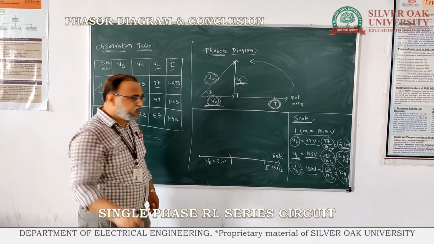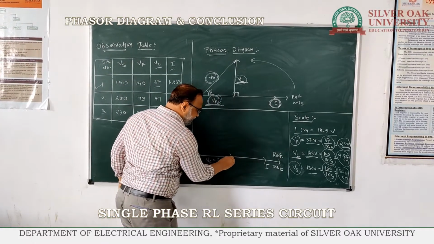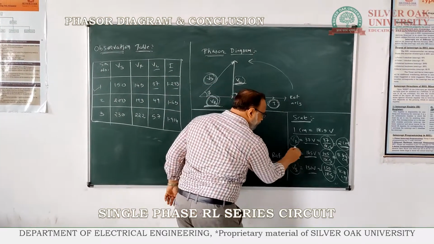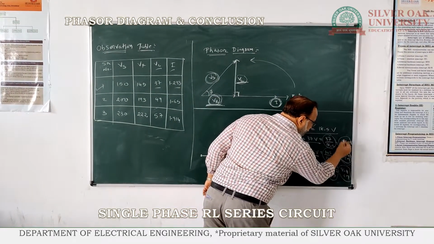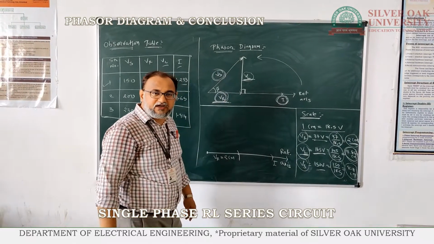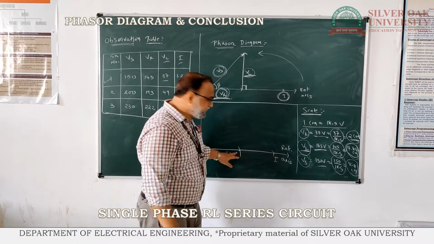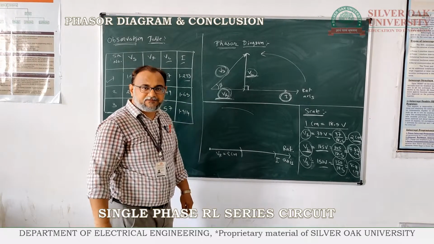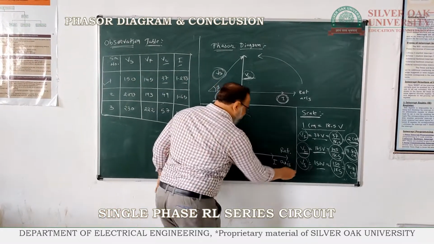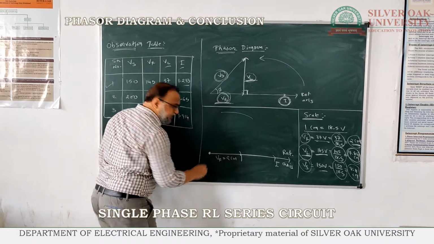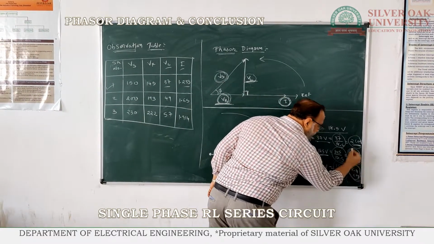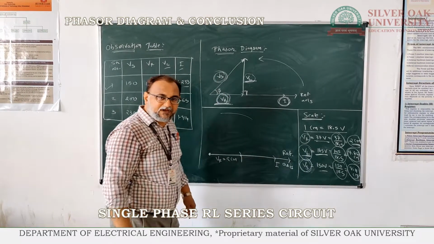Now from the end of that line, we make an arc of 2 centimeter. Then from the origin point, we make an arc of 8.11 centimeter for the supply voltage.